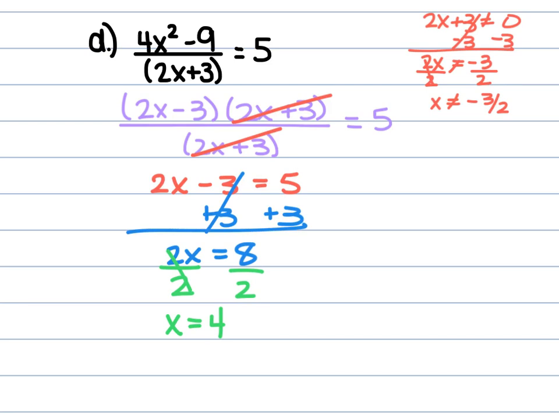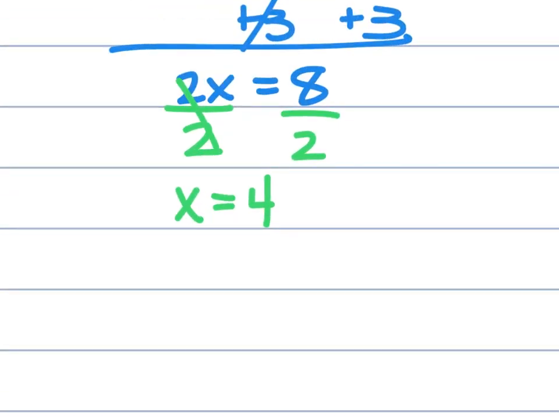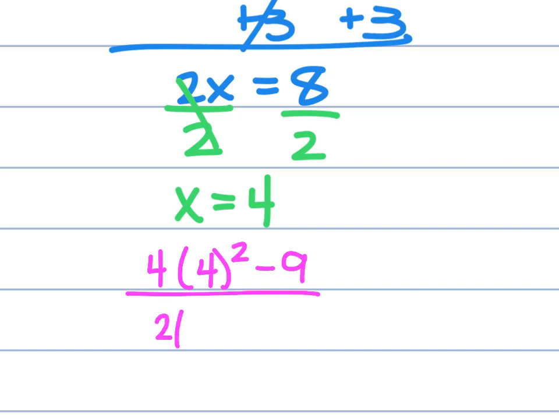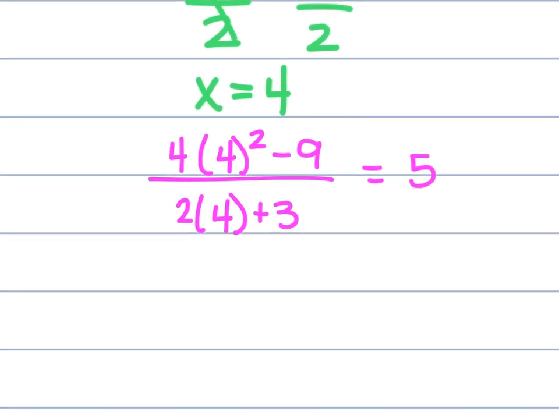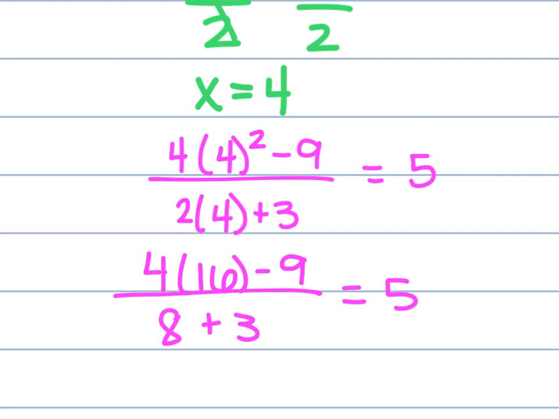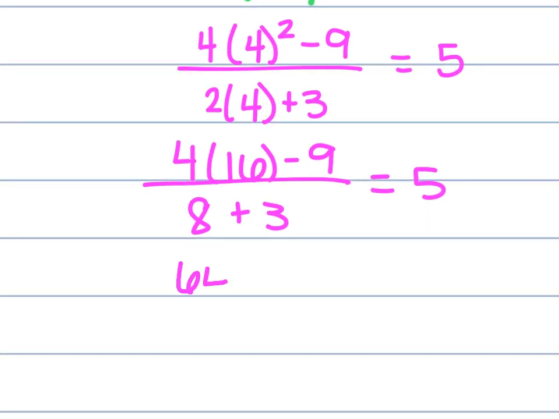So when you check, plug it into the original. You're going to have 4 times 4 squared minus 9 over 2 times 4 plus 3 is equal to 5. So 4 squared is 16. 4 times 16 minus 9 over 8 plus 3 is equal to 5. 4 times 16 is 64.